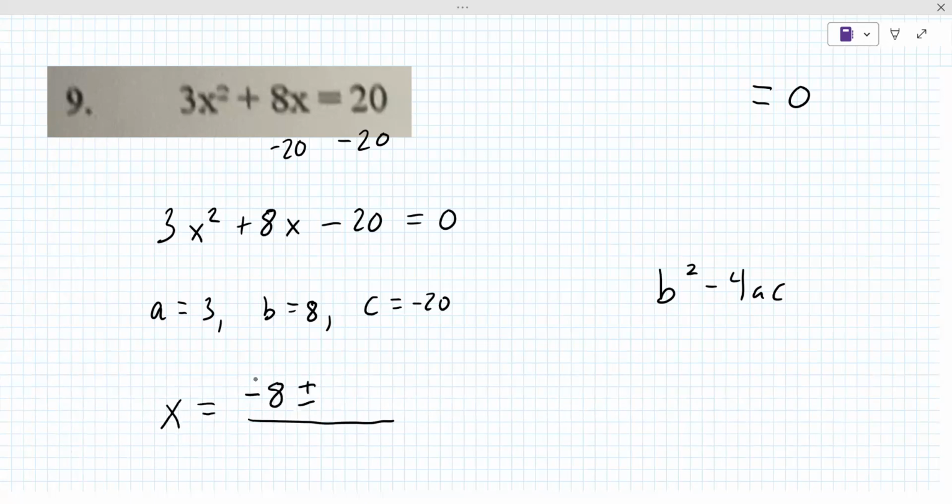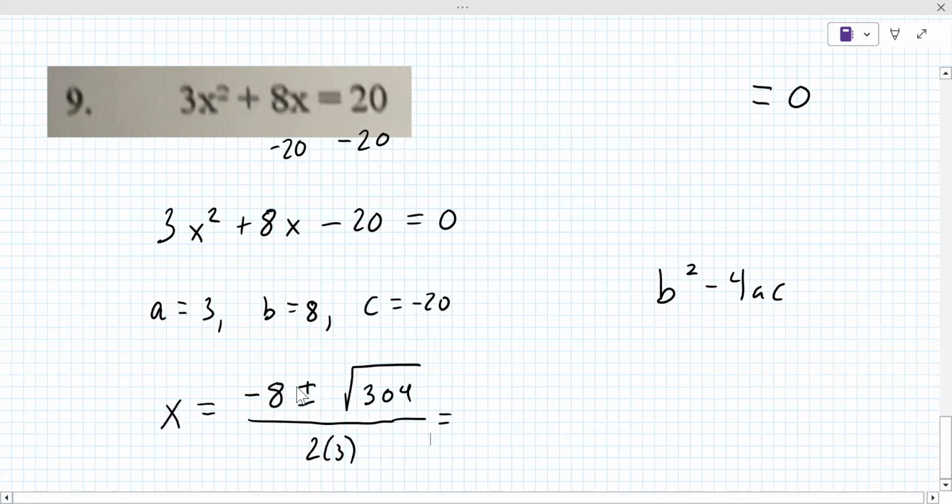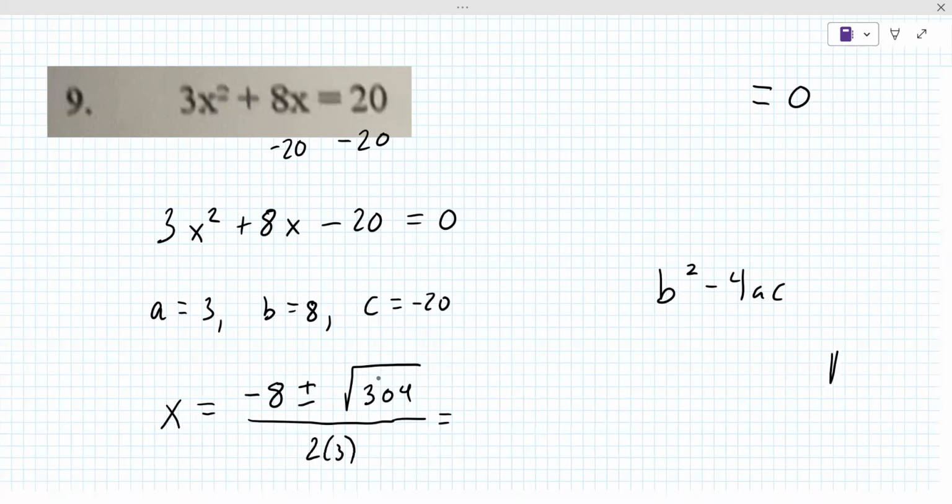Minus B plus or minus, and then what comes next? The square root of 304. All over? What goes in the bottom? 2 times 3, so 6. Good, really good. So just a few little things, right? Like it is negative B. You got to make sure that you do that. You got to multiply the bottom. Now square root of 304.